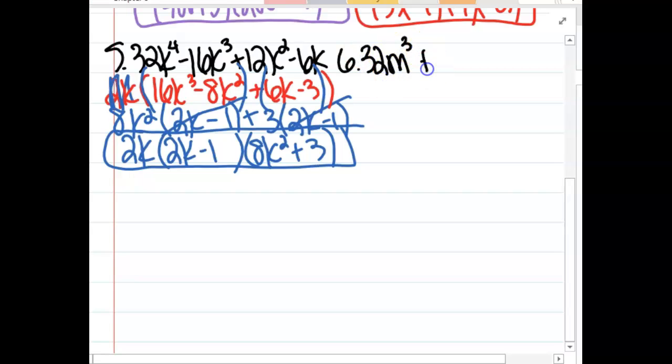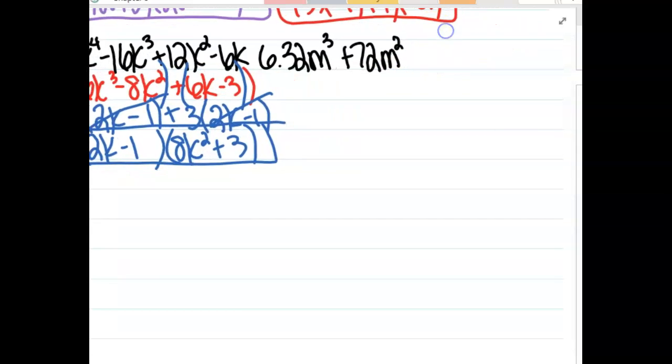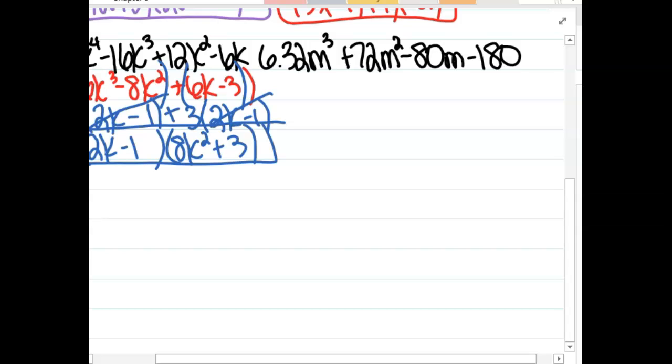32m cubed plus 72m squared minus 80m minus 180. Okay, first thing we should always check for is the greatest common factor. Now these numbers are kind of big, and for consideration of time, it's a 4.